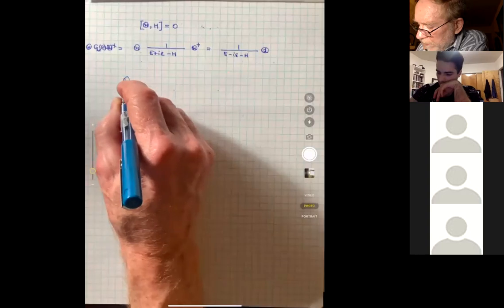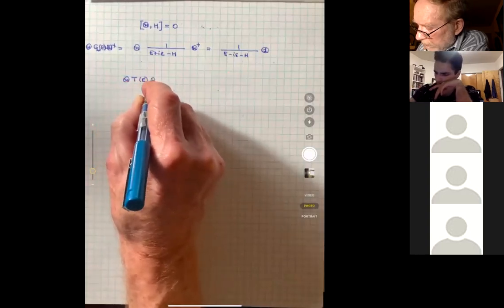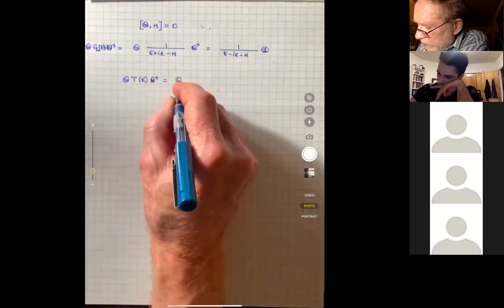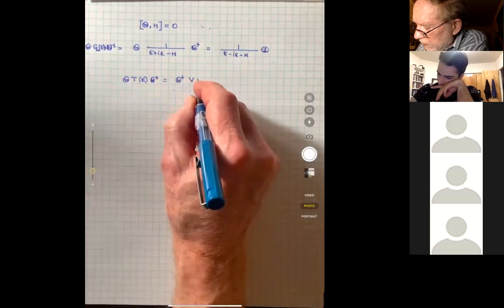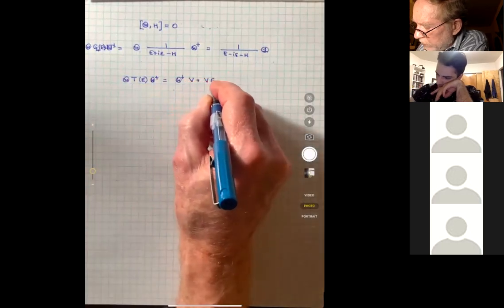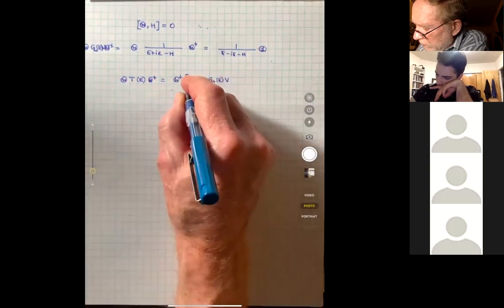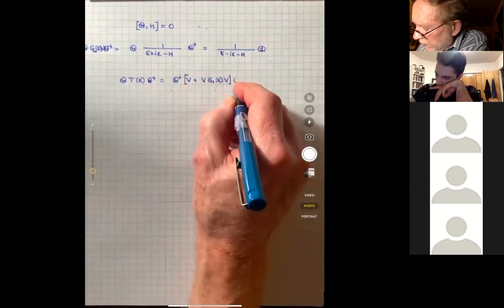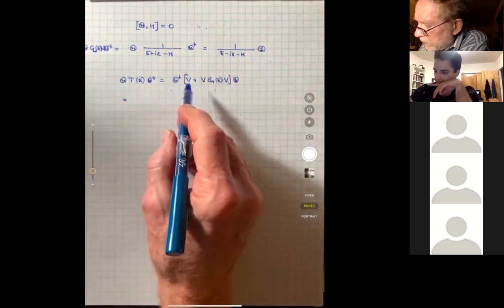And that means that time reversal, if I take it around T of E, let's consider this theta dagger. Let's sandwich time reversal around the T operator. The definition of the T operator is V plus V times G plus of energy E times V, like so, theta. And we'll assume that theta commutes with a potential.